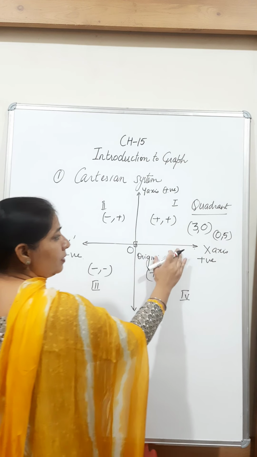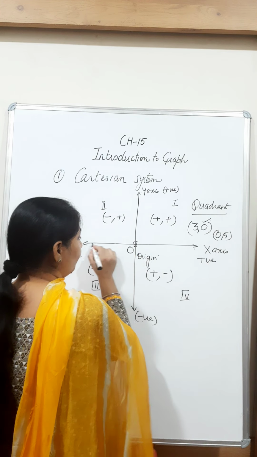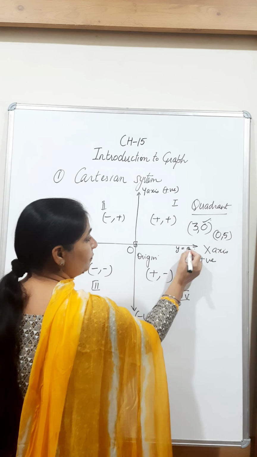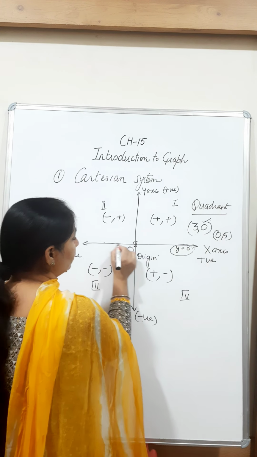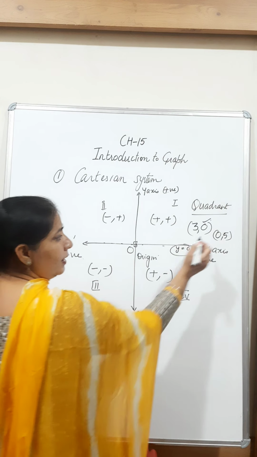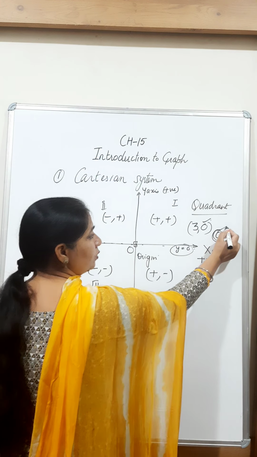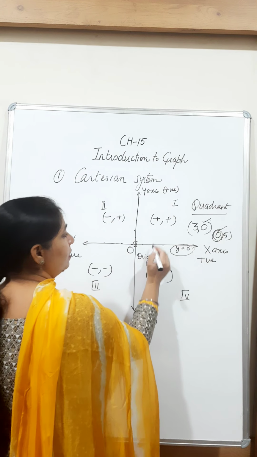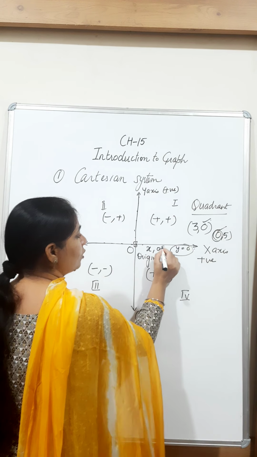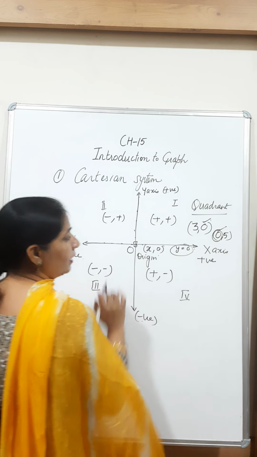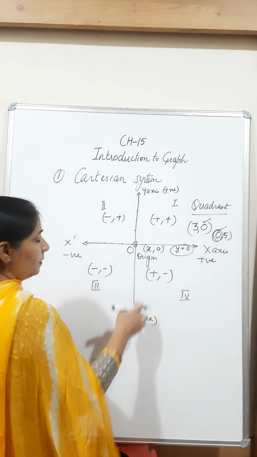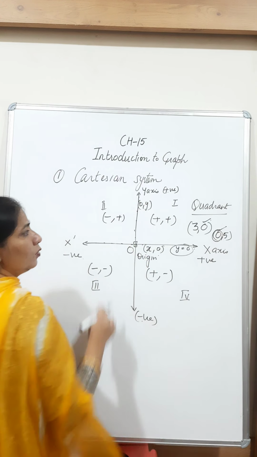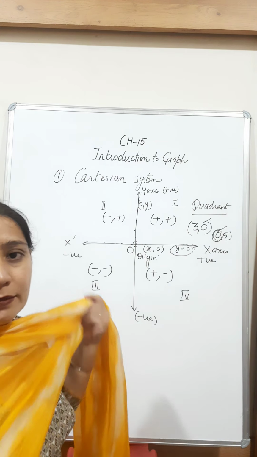Any number where y is 0 will be plotted on the x-axis, and any number with x 0 will be plotted on the y-axis. So any number of the form x, 0 will lie on the x-axis, and the numbers of the form 0, y will lie on the y-axis, beta.